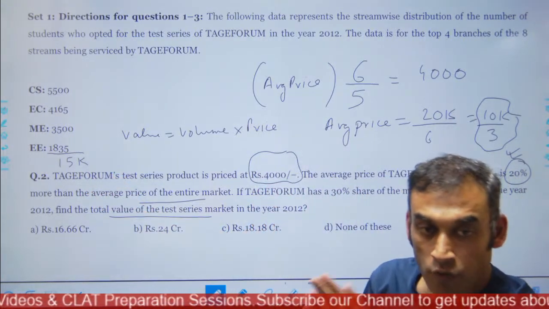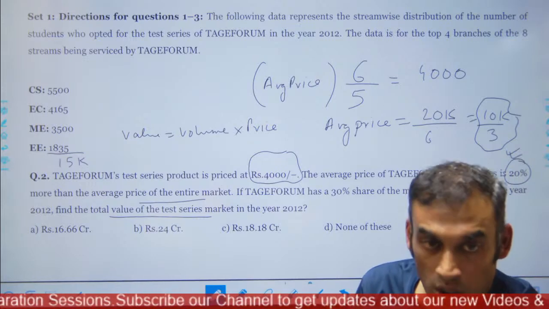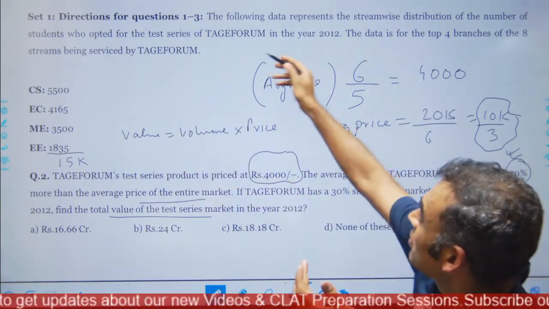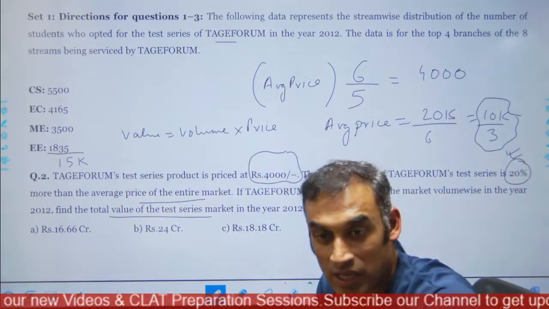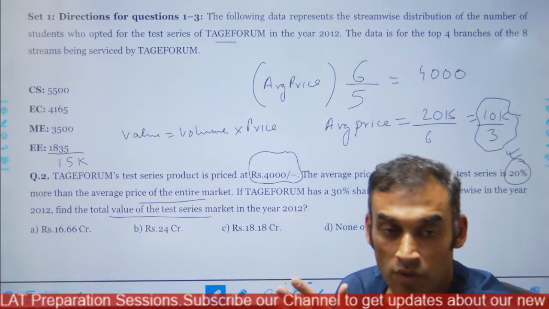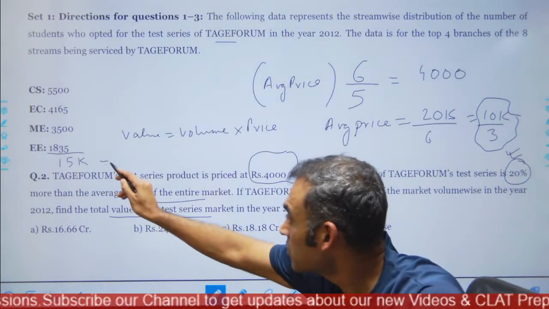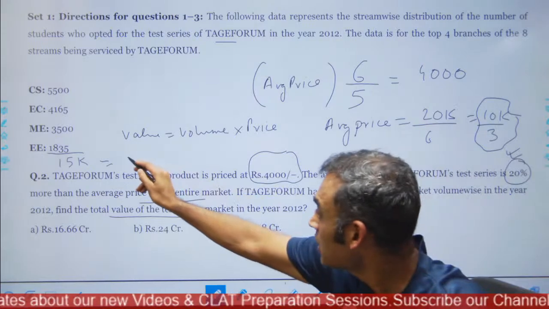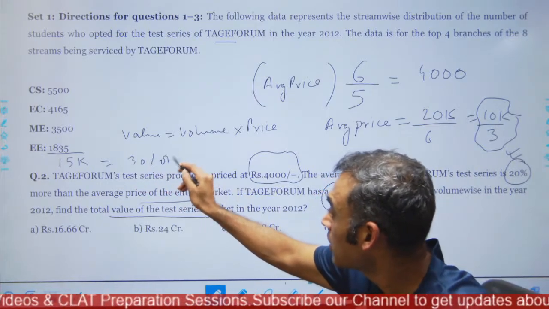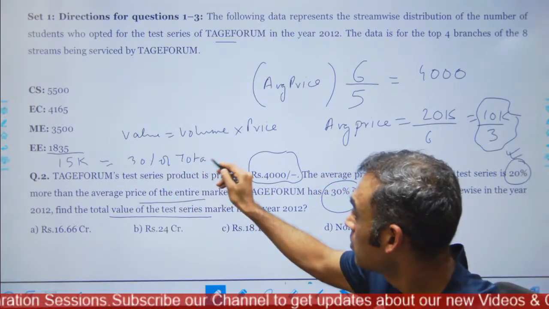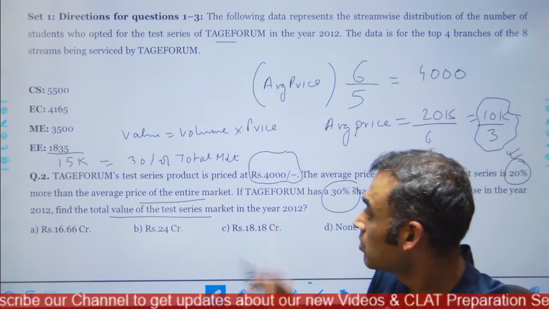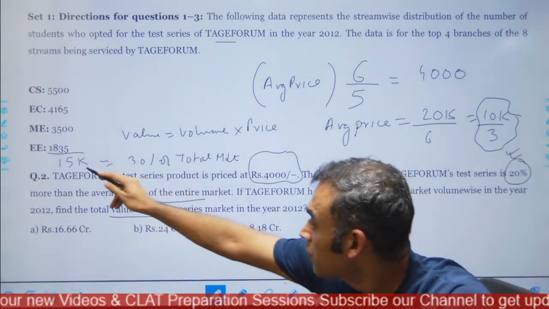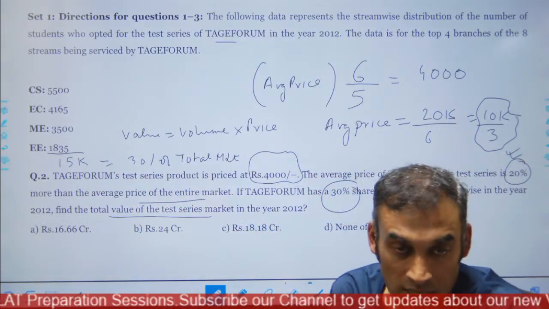The total size of the test series in terms of volume is 15k, and this is 30% of the total market. So we can get the total market. What will total market be? 15,000 divided by 30%, that's 50,000.